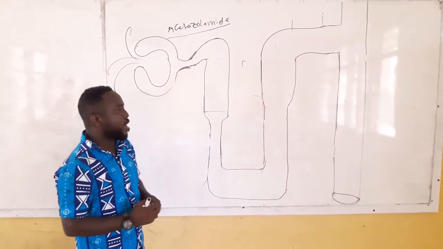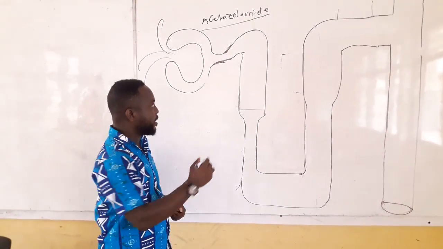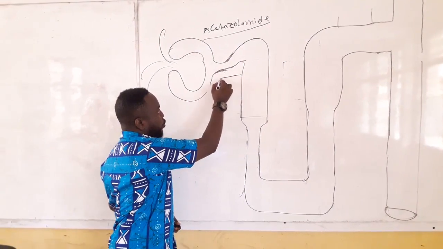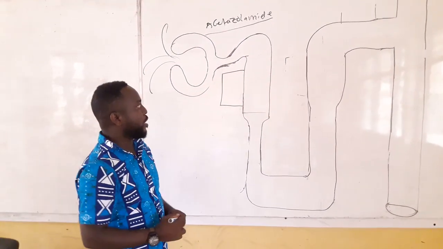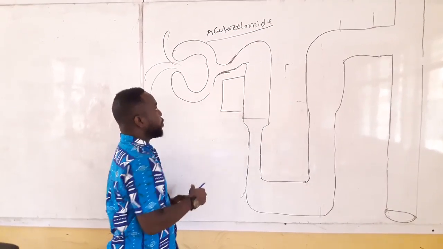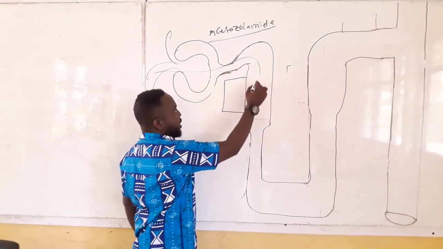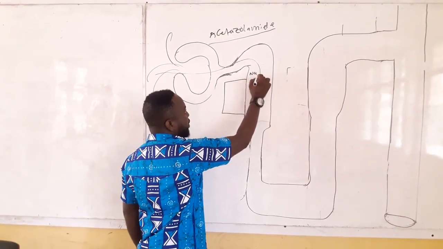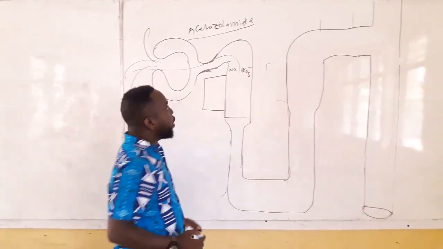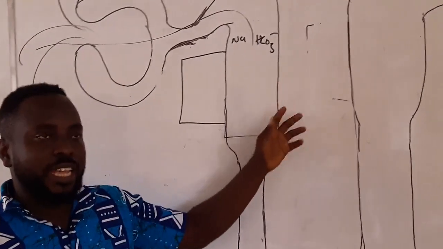Now let's talk about the mechanism of action of this agent. I am going to extend the luminal side of the proximal tubule. We have filtrate coming in here, and let's say the filtrate has sodium and bicarbonate ions inside, along with other electrolytes.